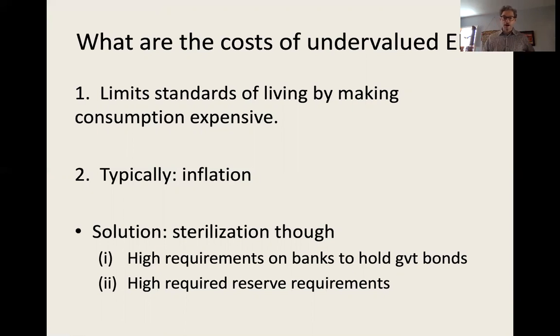They keep the required reserve ratio high, and they also require banks to hold a lot of government bonds. Both of these reduce the money multiplier, reduce money growth, and keep inflation lower than it should be, given the amount of monetary base that they produce to try to keep the exchange rate undervalued.